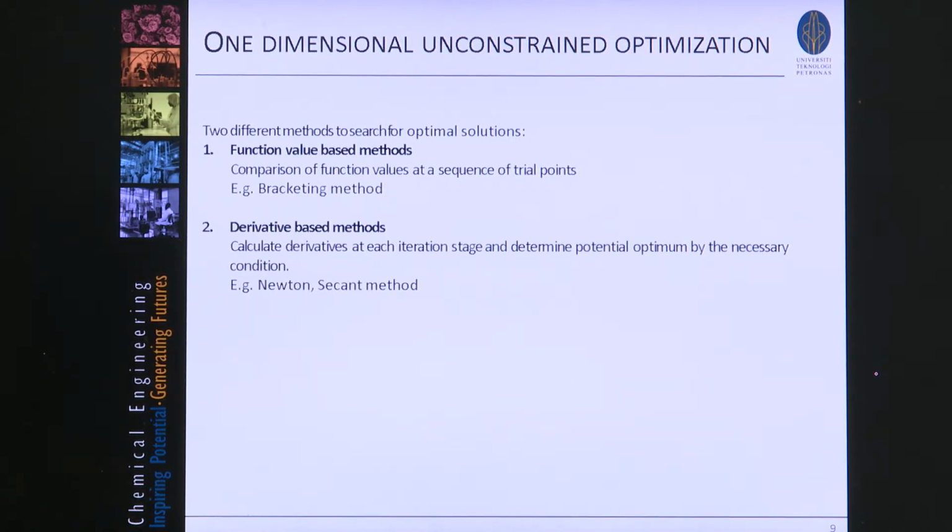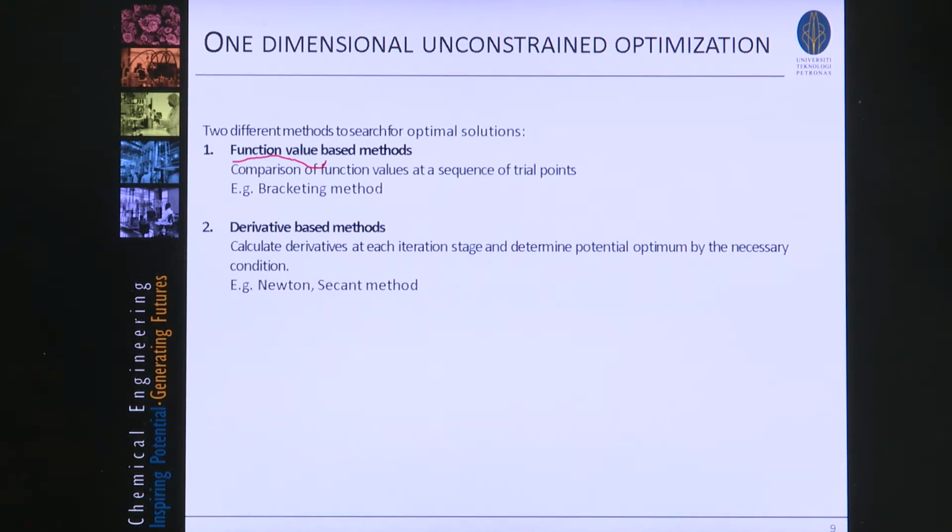Number one is what we call the function value approach. Like in our previous examples, we just vary the value of x, calculate the objective function, and compare it with the other objective function values, so that we can see whether one is bigger or smaller than the other.